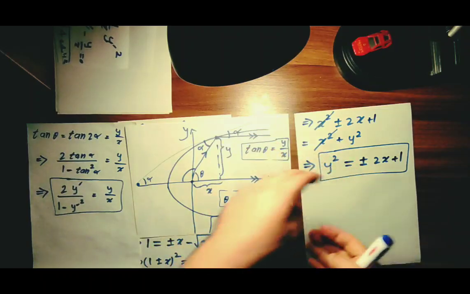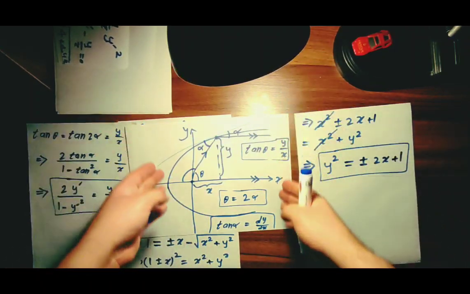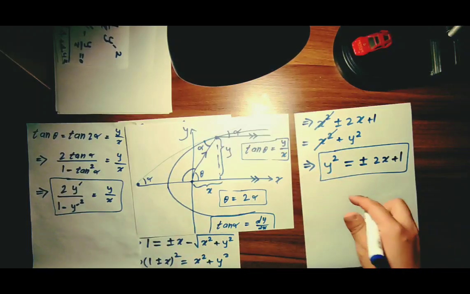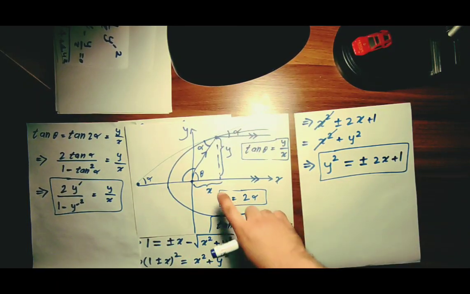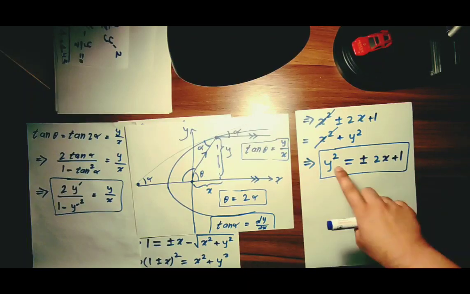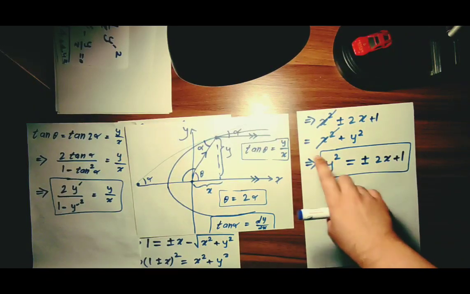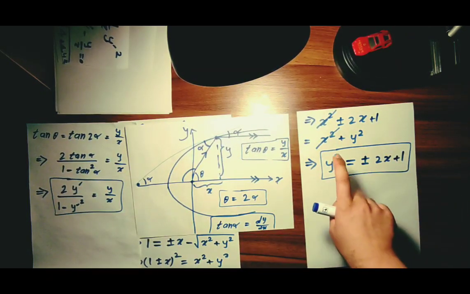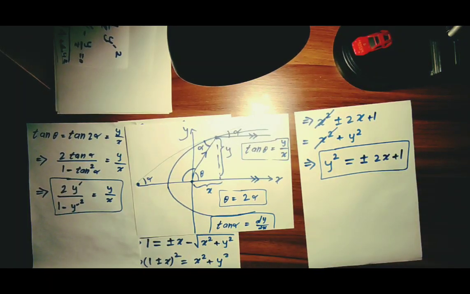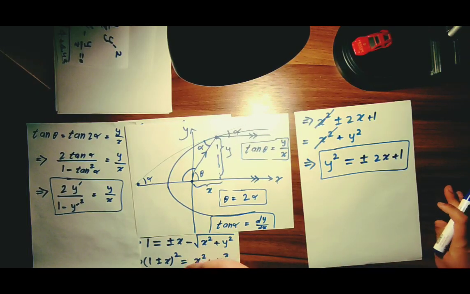This is horizontal. If it was vertical, it had x squared and y, but now that it is horizontal, it has y squared and x.